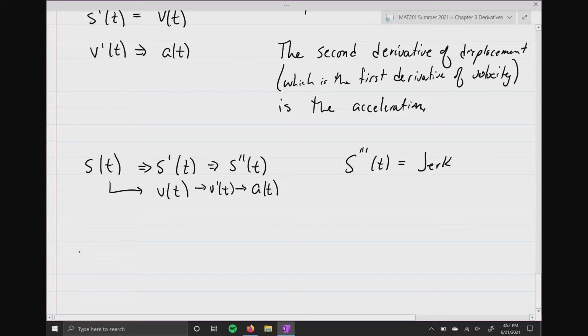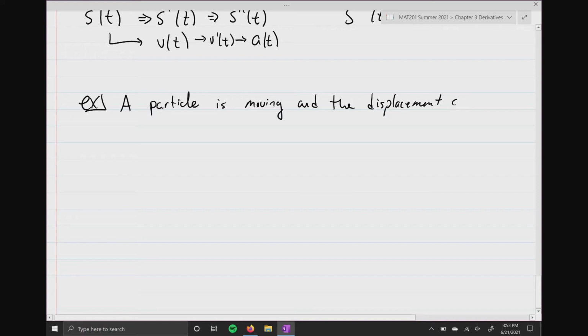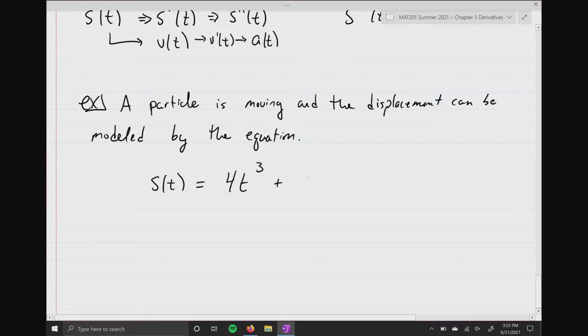So an easy example of this would be something along the lines of a particle's movement. A particle is moving and the displacement can be modeled by the equation s of t equals 4t to the third plus 2t to the second minus t plus 1.